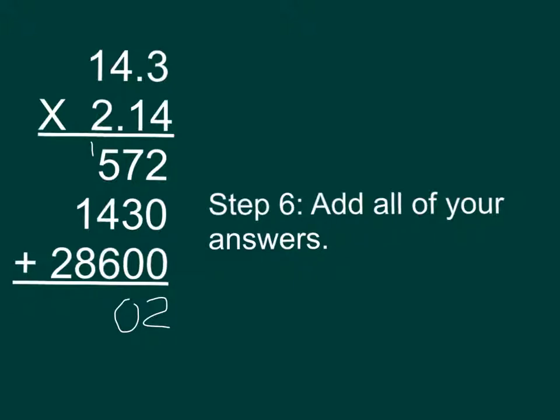We have 5 plus 1 is 6. 6 plus 4 is 10. 10 plus 6 is 16. And carry my 1. 1 plus 1 is 2, plus 8 is 10. Carry my 1, and 1 plus 2 is 3. So now I've added up all of my numbers.